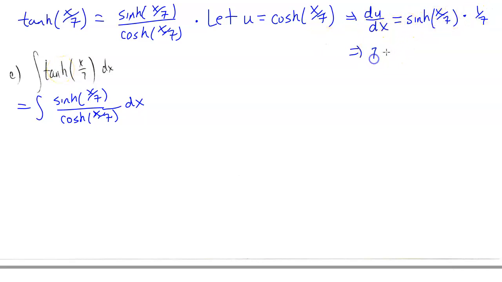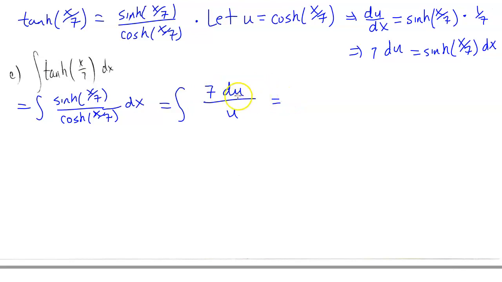So that would mean that 7 du here is going to be sinh of x divided by 7 dx. All right, so now that we have that, I can replace what I have here with just 7 du. And I can come here and replace cosh of x divided by 7, I'll replace all of that with just u.